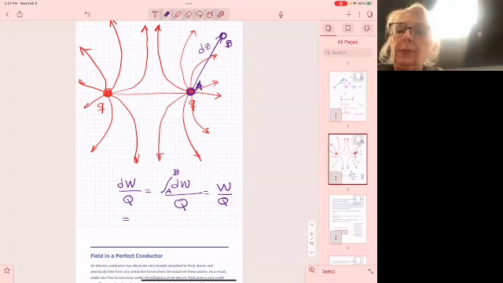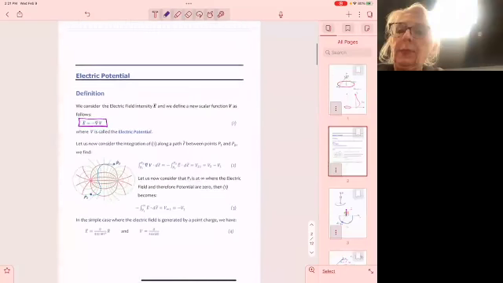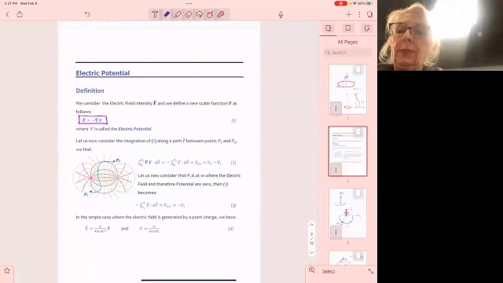And we call this the potential difference, if you like, between the 2 points. So if I move from one point A to one point B, this integral of the work that I have to do divided by Q, we call the potential difference between the 2 points.